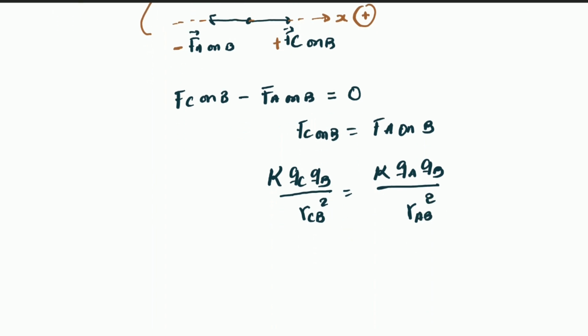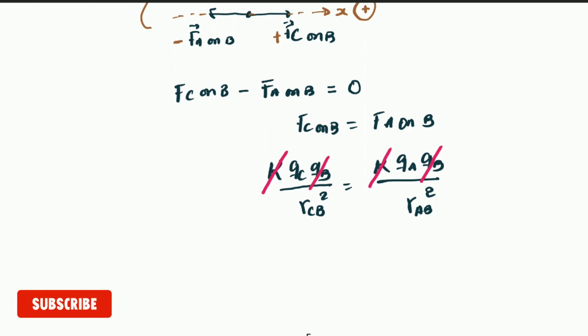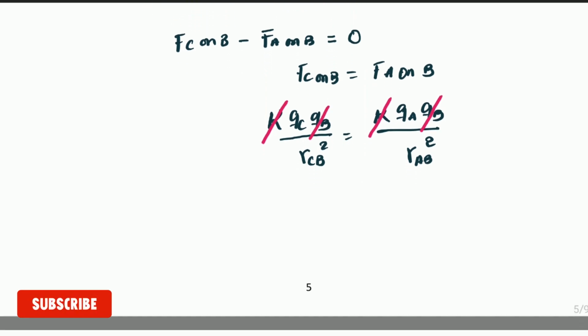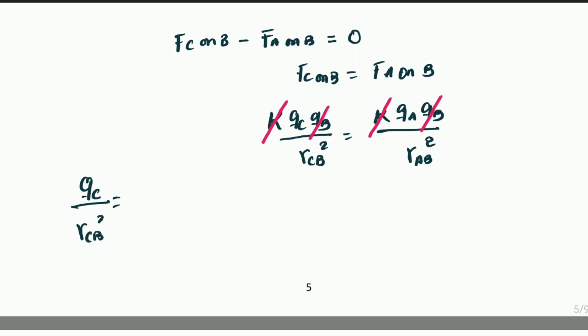And then if you can see here, mathematically speaking, K can simplify as well as QB because it's a common factor there. So what do we have? We have that QC divided by the distance CB squared is equal to QA divided by the distance AB squared. And the rest is to substitute, and we are going to do that real fast.